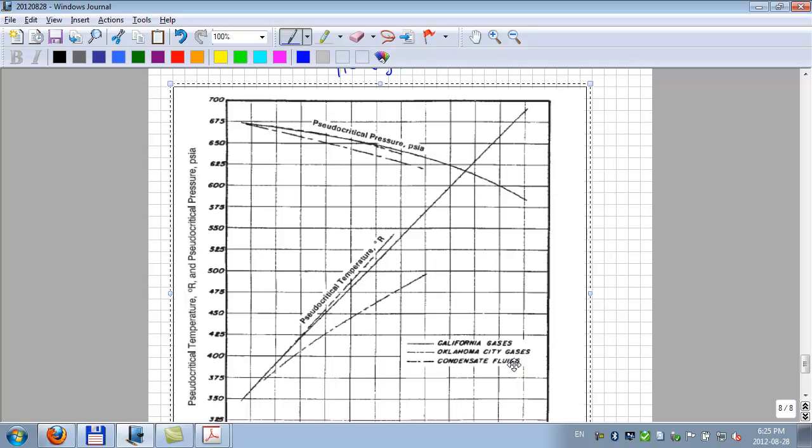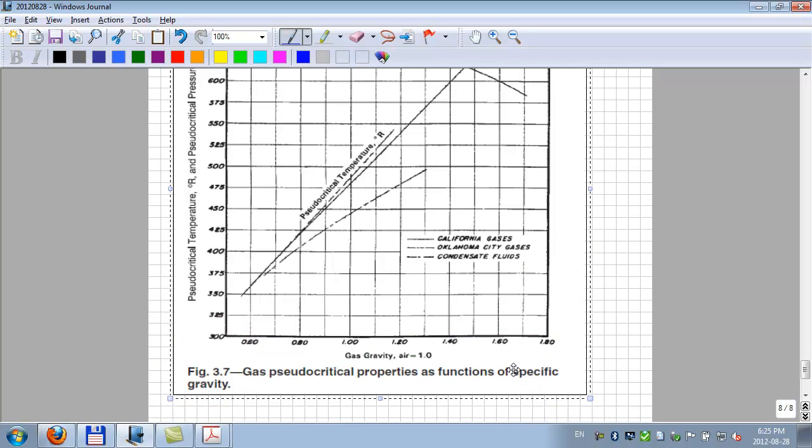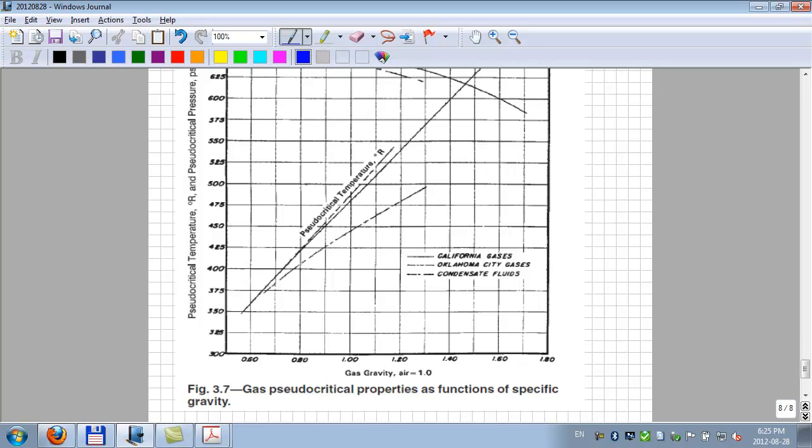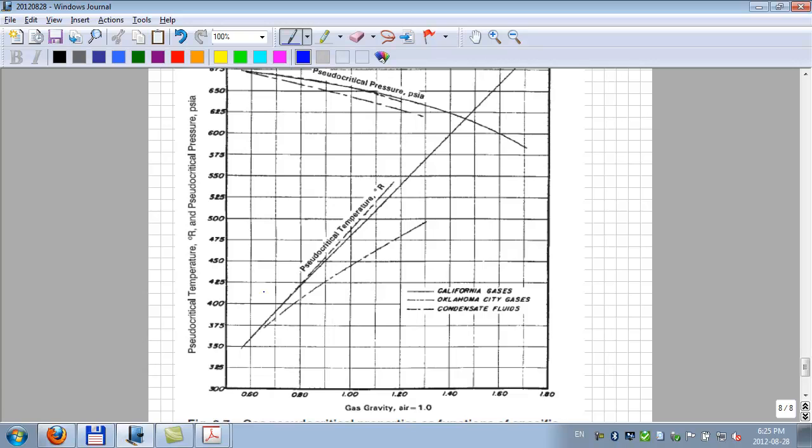So they're not completely general, but if you have an estimate of the gas gravity, you can go in and read off this chart an estimate. These go here to the left. So this is our pseudocritical temperature plot and our pseudocritical pressure plot.